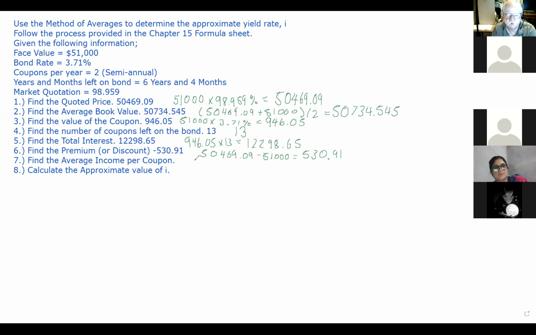And then the average income per coupon is we take the total interest, which was our answer to number 5, 12298.65, minus the premium, which was 946.05. We subtract those two and divide it by the number of coupons.